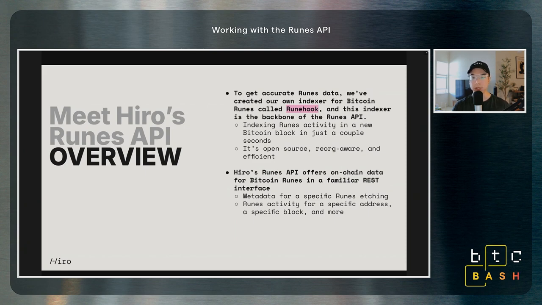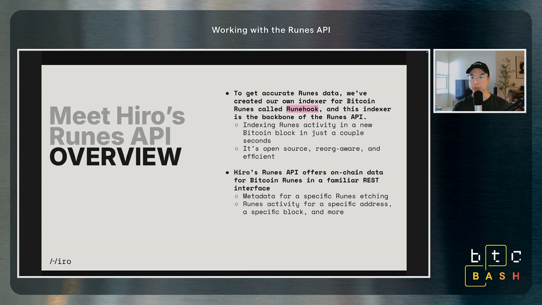So runestones are specifically embedded in a Bitcoin transaction within the OP_RETURN field. And in that OP_RETURN field is where they will communicate if they want to etch a new rune, mint a rune, or transfer a rune.